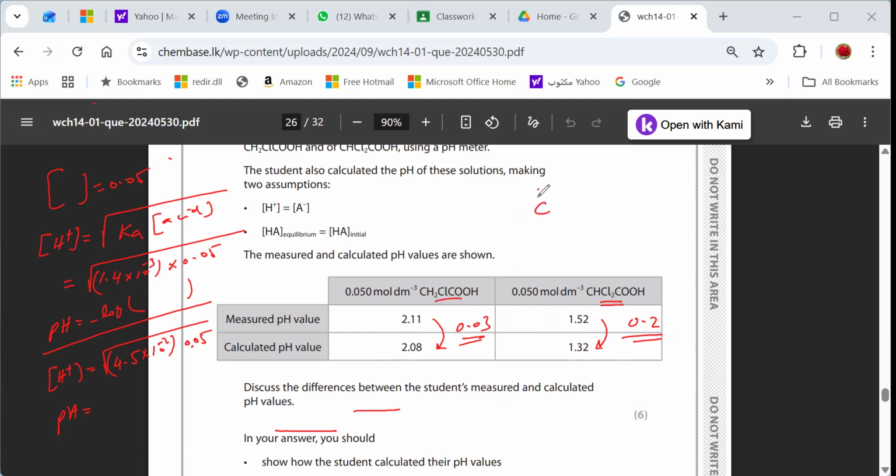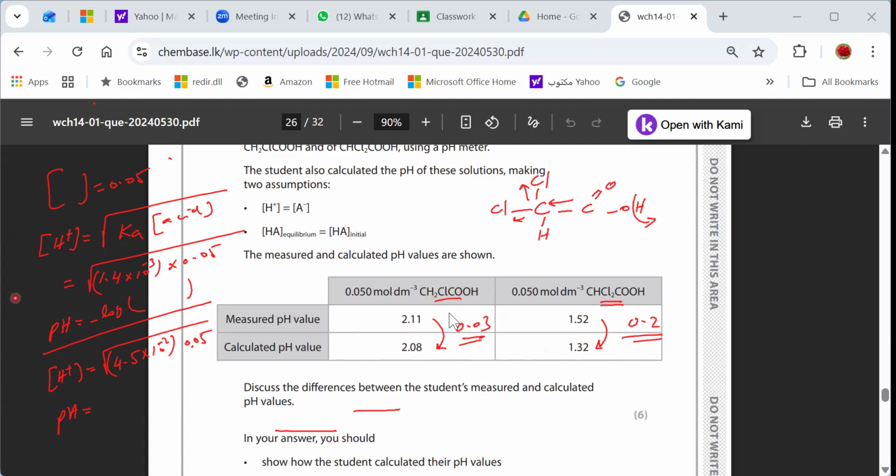We have studied this, that the more you have of chlorine atoms which are electronegative, they will withdraw the electrons away from the hydrogen, facilitating its removal. So that's why the dichloro is more acidic than the monochloro. And we'll see that the difference between the calculated and the measured is greater because this is a stronger acid than this one. You understand this part, or do you have a question?